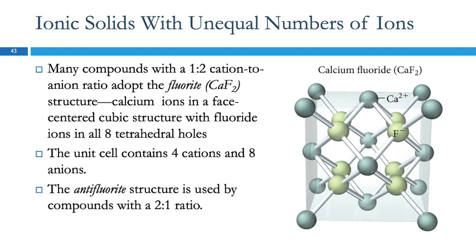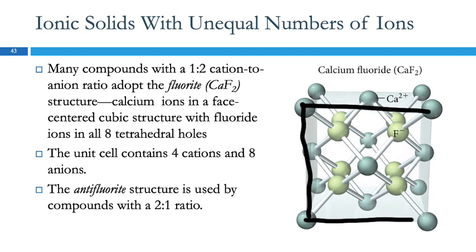And when you have 1-to-2 ratios or 2-to-1 ratios, now you have to accommodate twice as many of one ion compared to the other. So here, calcium fluoride, we've got 2 fluorides for every calcium. So again, just choose to look at one of the kinds of ions to see what kind of a structure this is.